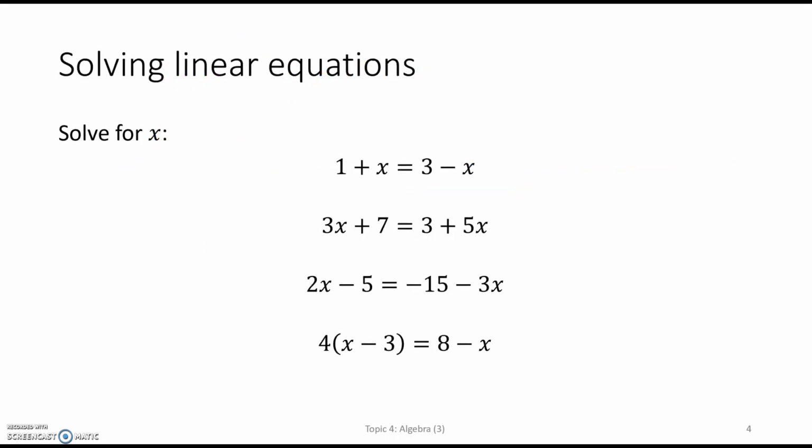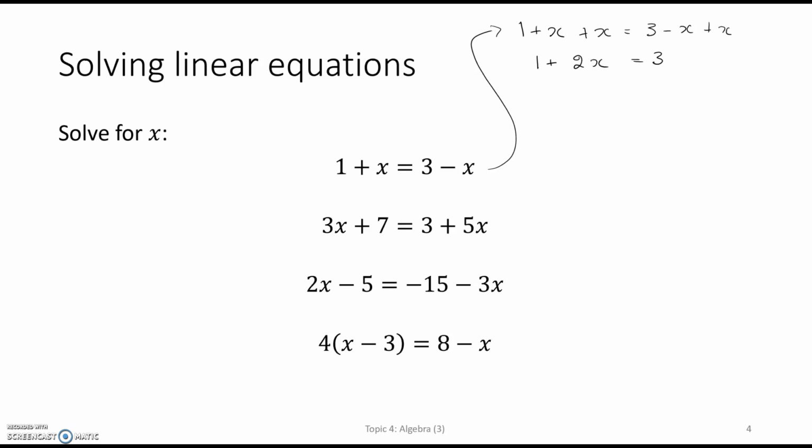Let's have a look at some of these. Now, what I want to do is get my x's onto the left-hand side and my numbers onto the right. The first couple I'll do in baby steps. So I'm going to do 1 plus x, that's the question, and then I'm going to add x to each side. Then I'm going to tidy up. Now, the right-hand side becomes 3, the left-hand side becomes 1 plus 2x.